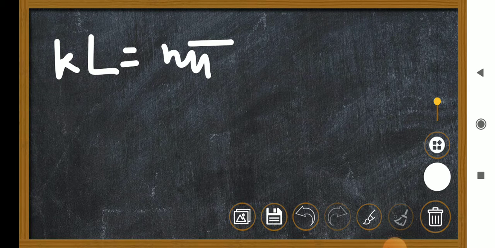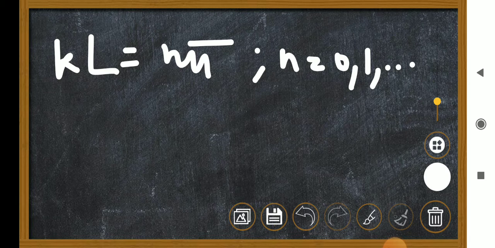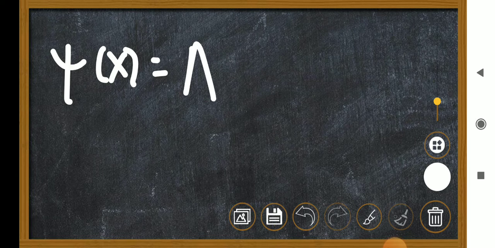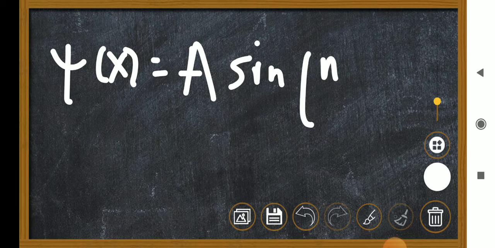So equating, kL is equal to n pi for n equals 0, 1 and so on, n being a whole number, and so we finally get k equals n pi by L. Or we can write psi of x equals a sine of n pi by L into x.